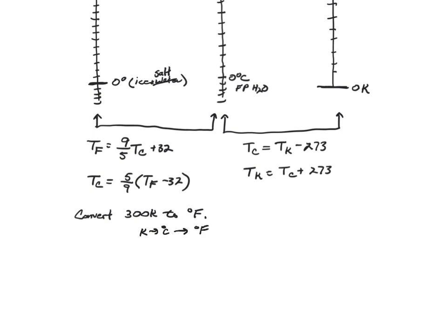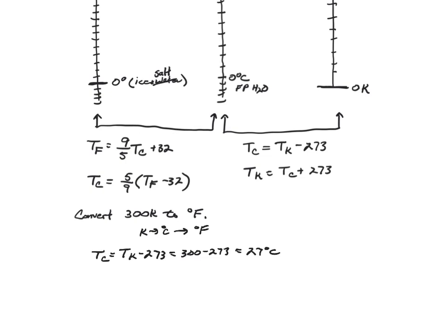Okay, so let's see here. We have the temperature in Celsius is equal to the temperature in Kelvin minus 273. Okay, which in this case is going to be equal to 300 minus 273, which, if I'm doing the math in my head correctly, and I don't always do that, should be equal to 27 degrees Celsius.